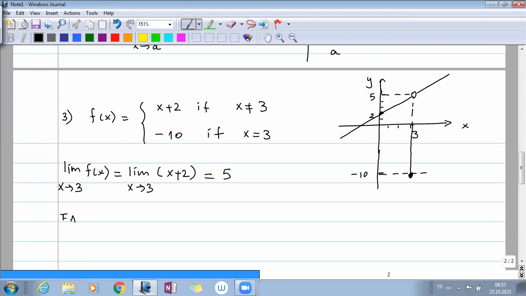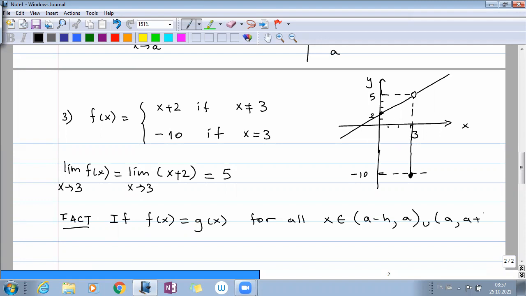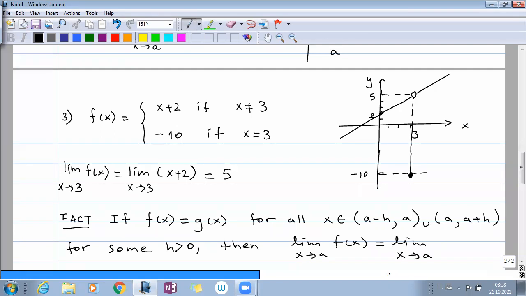So for the limit, we look at the expression x plus 2. So I'm going to write this as a fact. If the function f is equal to some other function g for all x around a, so for all x in some interval a minus h to a union a to a plus h, for some positive h, then the limit as x approaches a of the function f is the same as the limit as x approaches a of the function g.